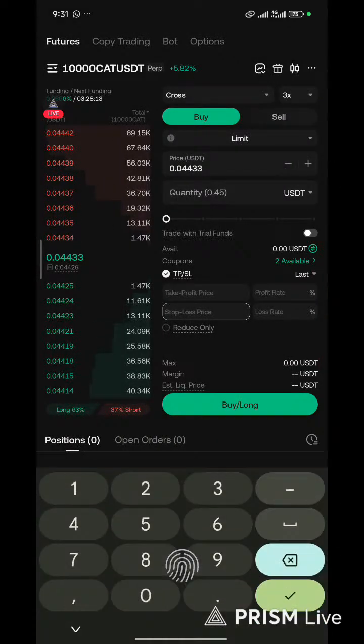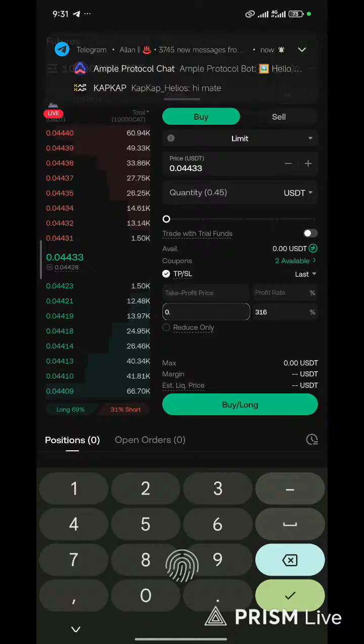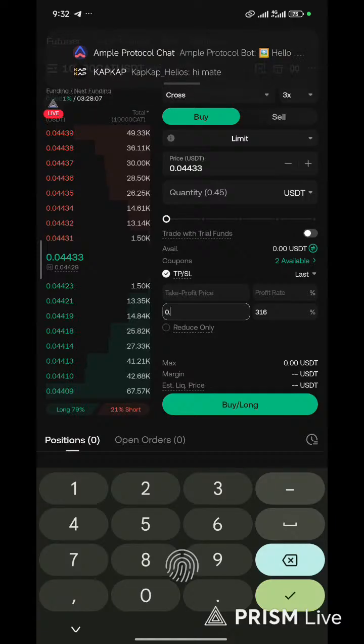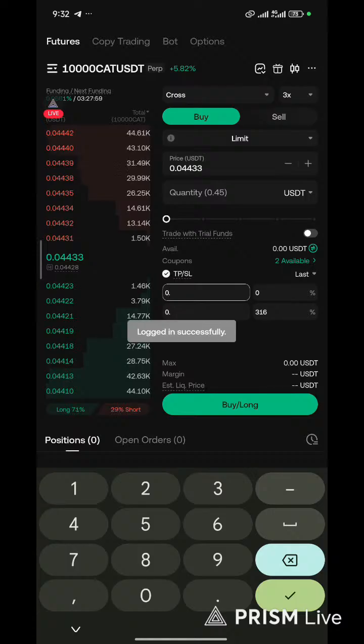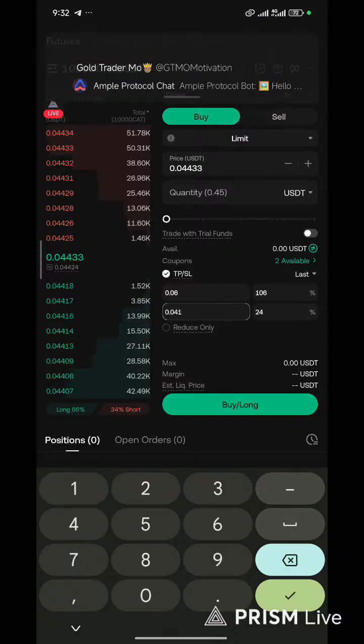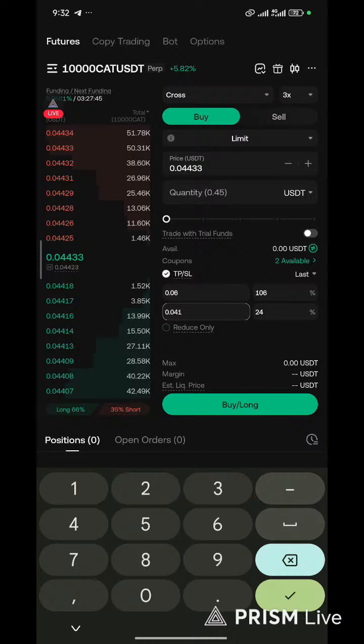Set my stop loss to 0.041. Have you seen it?